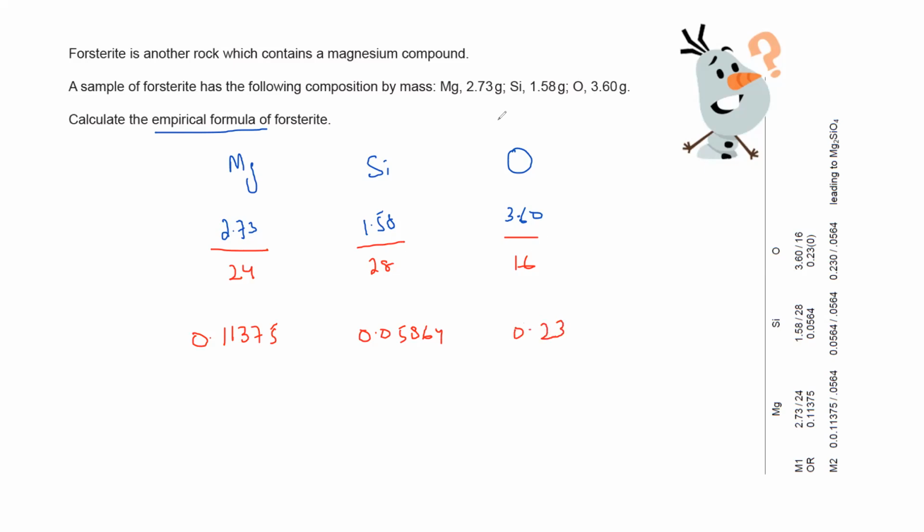Then we divide by the smallest value. So what is the smallest value in the combination? 0.05864 is the smallest value.